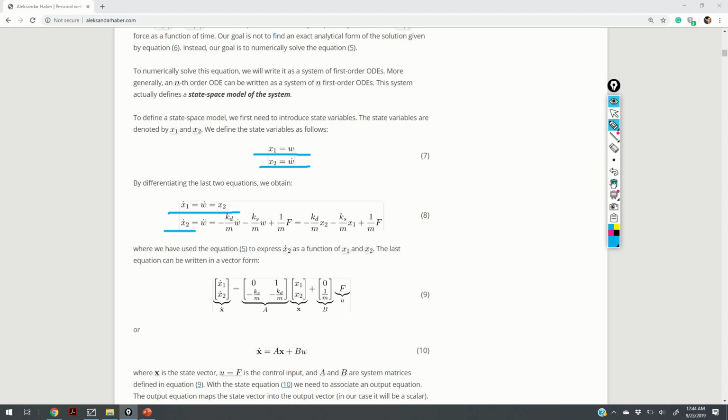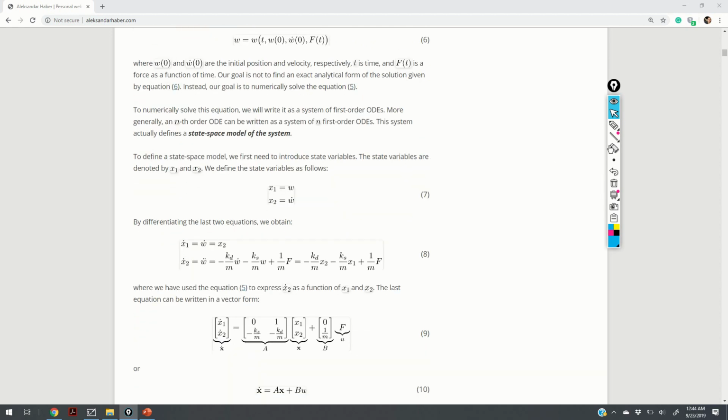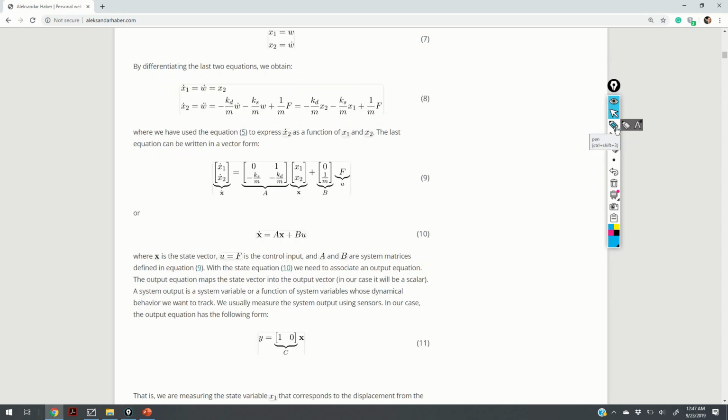Now, from the equation 5, we can express the acceleration as a function of velocity and position and the force F. And using this equation, the equation 7 and the first equation in equation 8, we can express the first derivative of the second state variable as a function of the second state variable, first state variable, and the force F. The two equations in 8 can be written in the vector form.